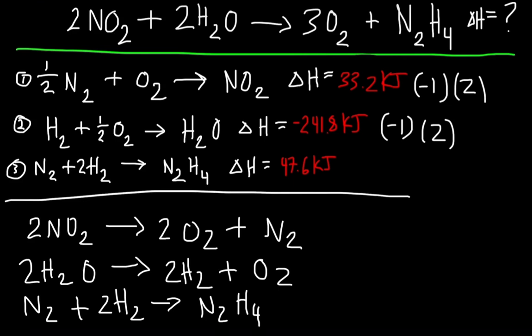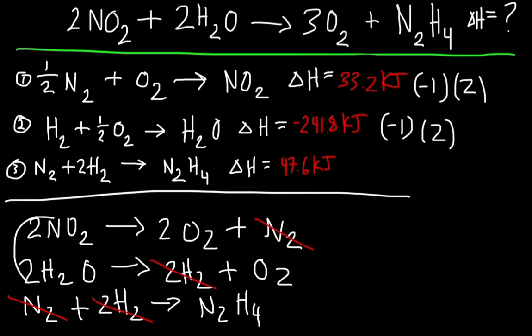So look for something that you can cancel out. Notice that I can cancel N2 and N2 here, and then 2H2 and 2H2 I can cancel here, and it looks like that's it. And now I'll add them.